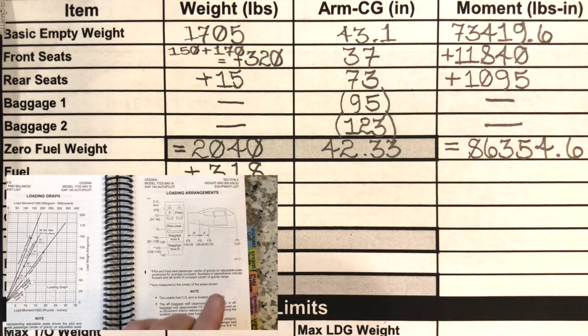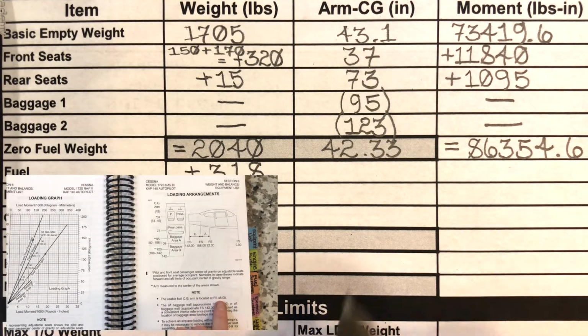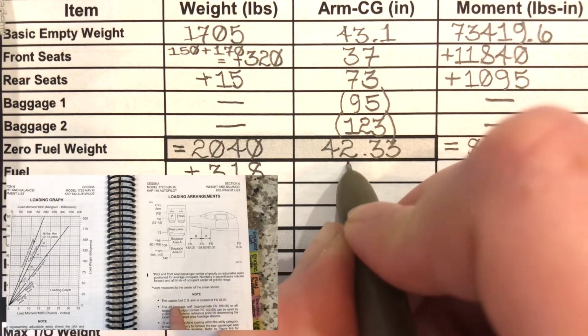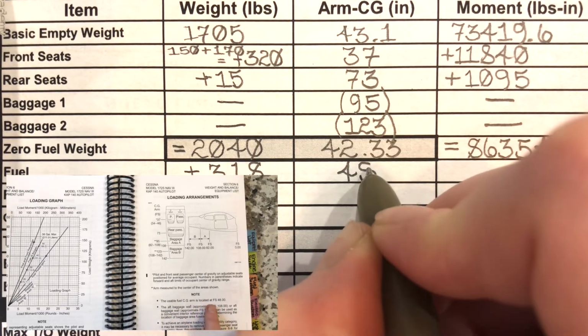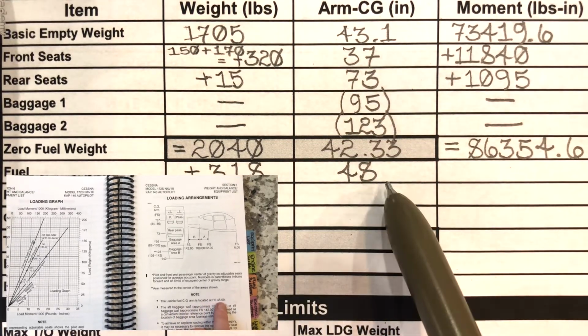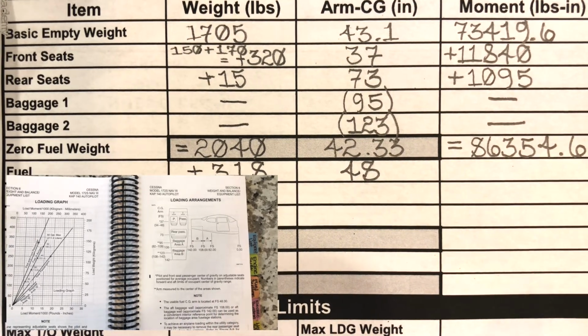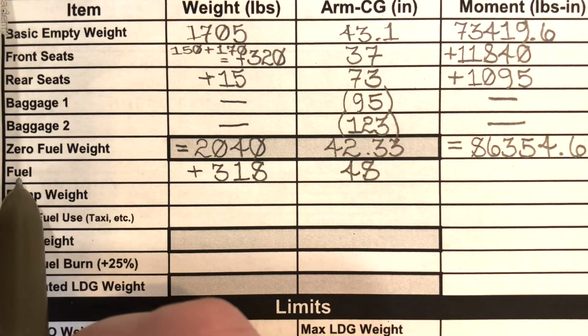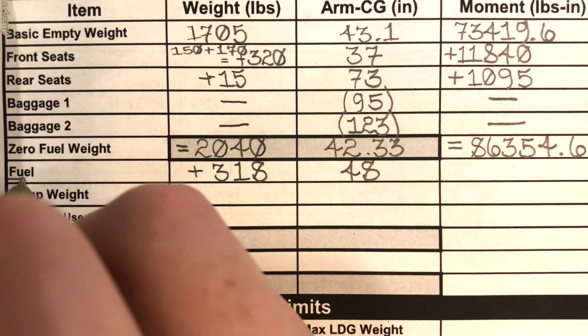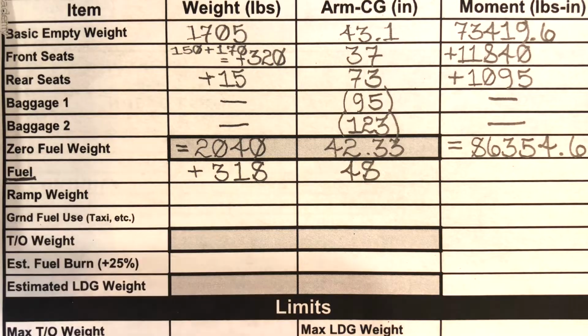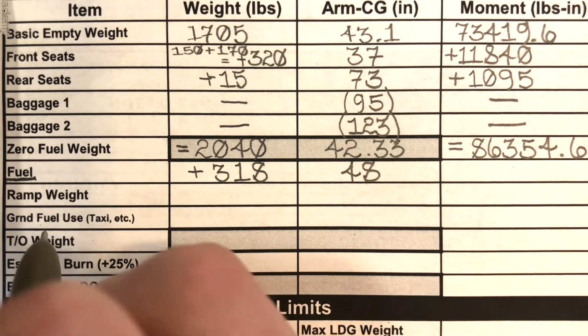Now, jumping back to my POH, this is where you'll find the fuel arm typically. It says the fuel arm is 48. So I'm going to put that here. If you notice what I'm doing, I'm underlining the word fuel because I find this really helps my students.